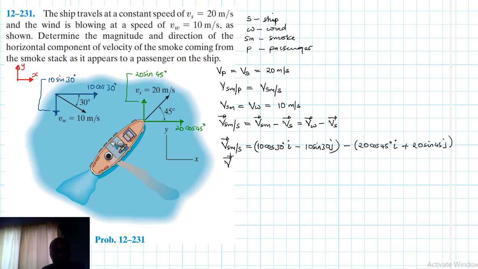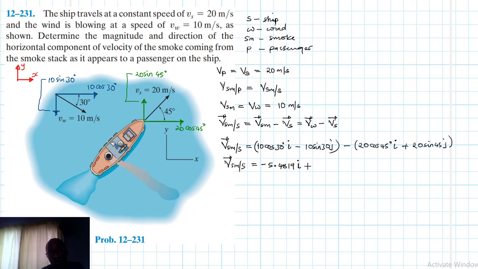Okay, so what do we have? Let's sum them up. We have 10 cos 30 minus 20 cos 45, so we get a minus 5.4819 i.